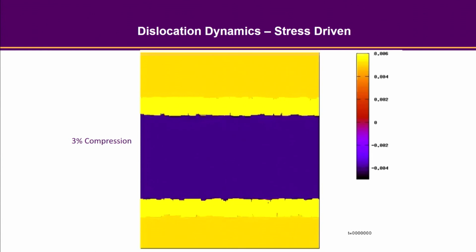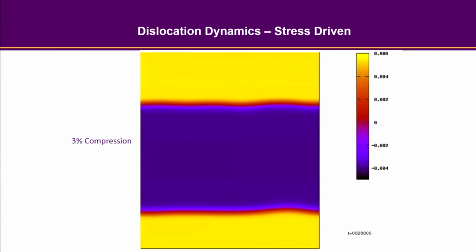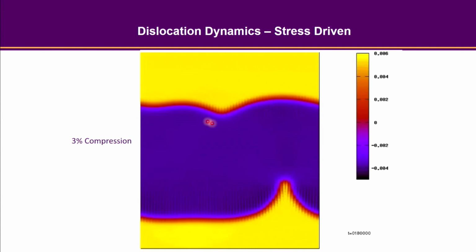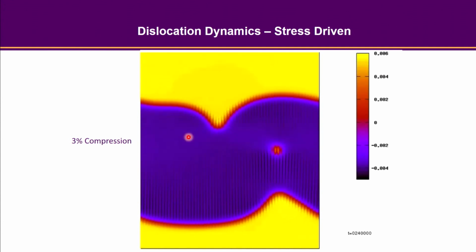If you have a larger strain driving the solid, you are going to see more dynamic behavior. For example, here you are expecting a dislocation forming at the trough, and on the other side of the surface, you can have the same thing happen.